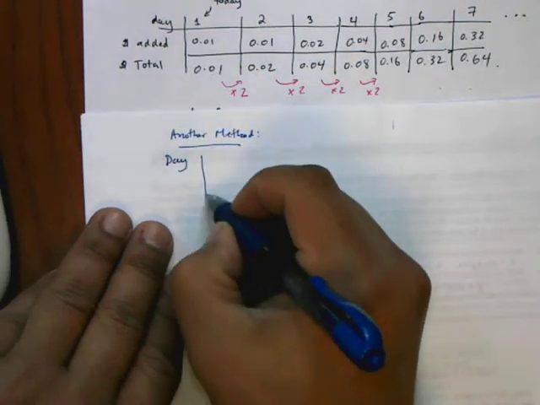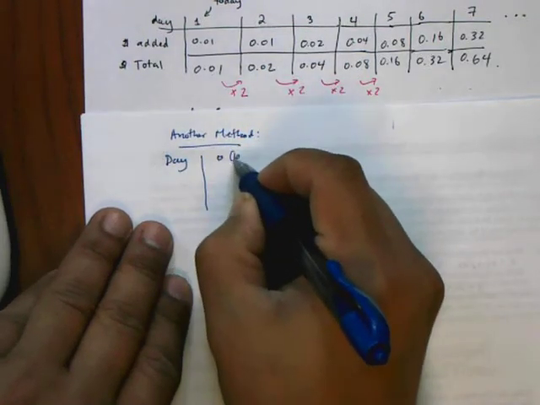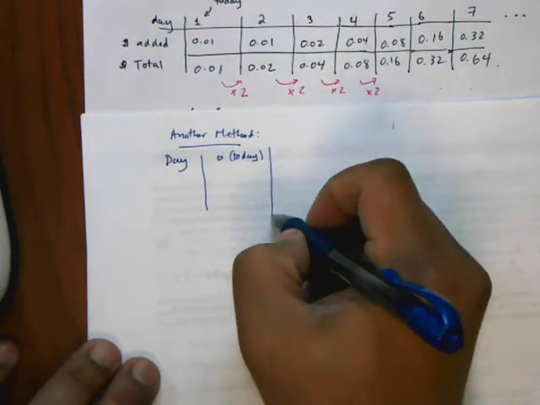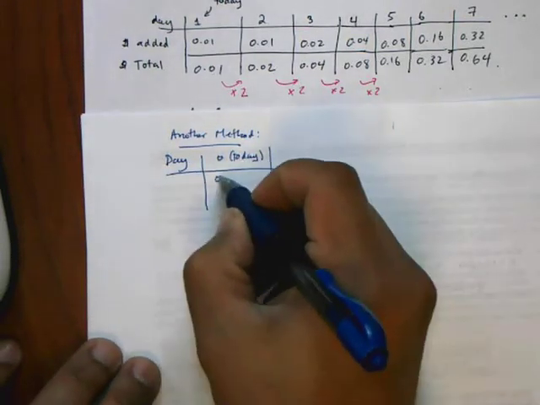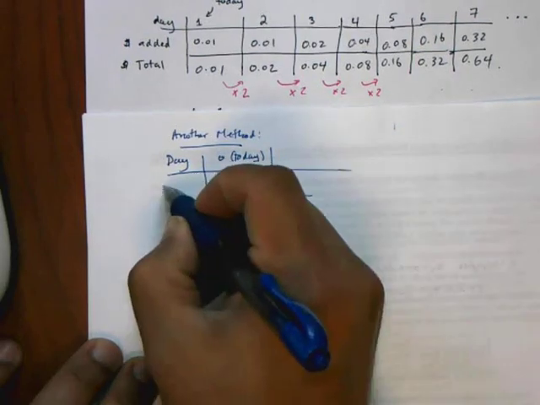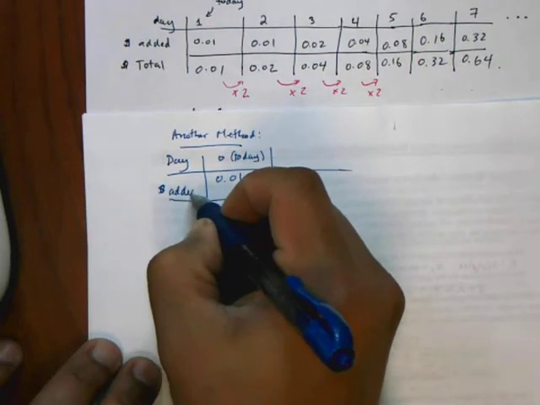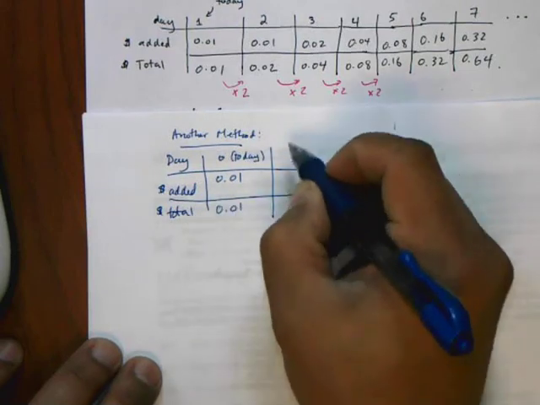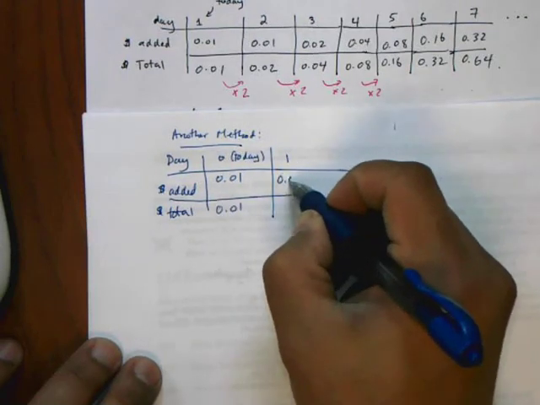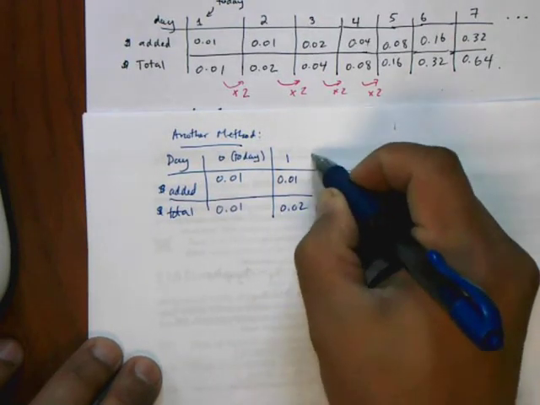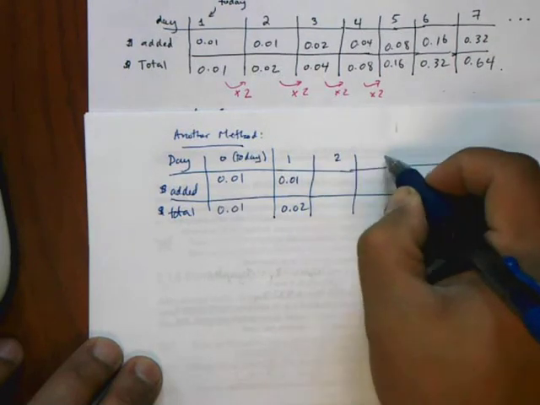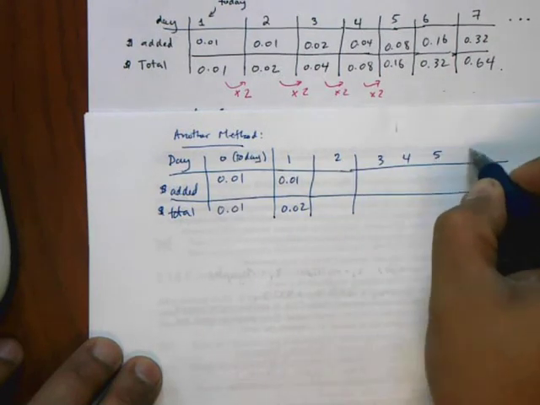Instead of starting with day 1, I'm going to start with day 0. This is today. So day 0, you have 0.01. This is the amount of money added, and this is the total amount of money, and it's the same thing. Okay, day 1, 0.01 added, 0.02 total. I'm just going to fill all of this in: 2, 3, 4, 5, 6.